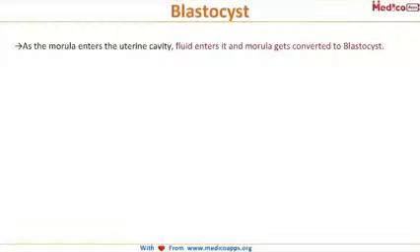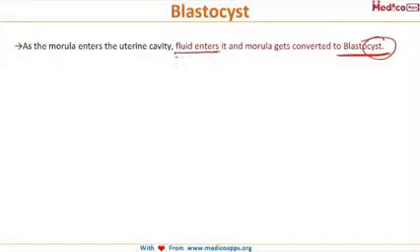Now I'll give you a brief idea about the blastocyst. Now as I told you, when the morula enters the uterine cavity, it is covered by a film of mucus. Fluid passes through the canaliculi of the zona pellucida and enters the morula, separating its cells, leading to the formation of blastocyst.